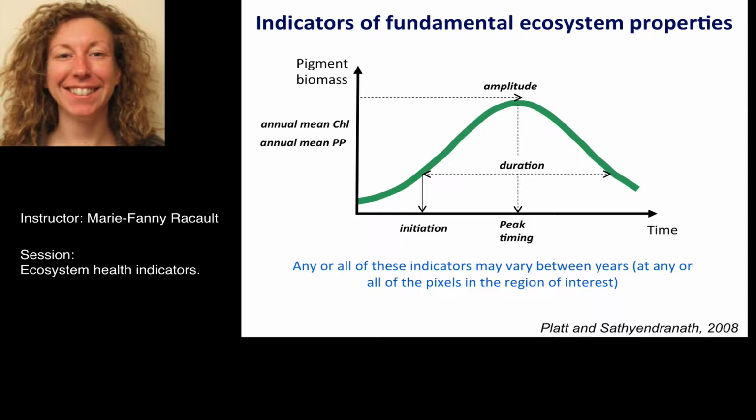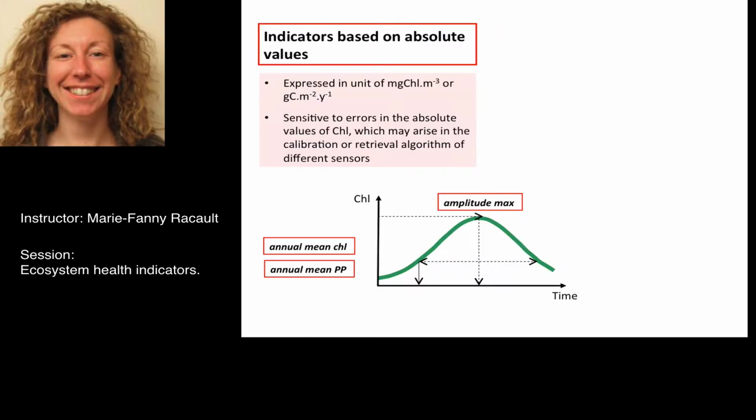The amplitude of this signal, the annual phytoplankton production, and we can get some information on phytoplankton functional types depending on, for instance, chlorophyll concentration in the water. And we can also aggregate this group of indicators to provide a more holistic, more comprehensive knowledge of the state of this ecosystem, and then use this information for ecosystem-based management.